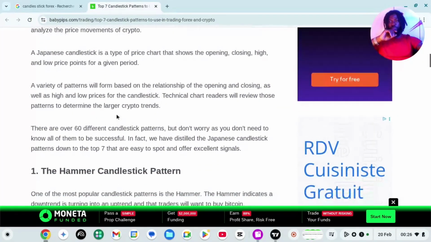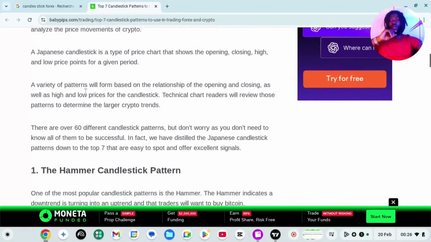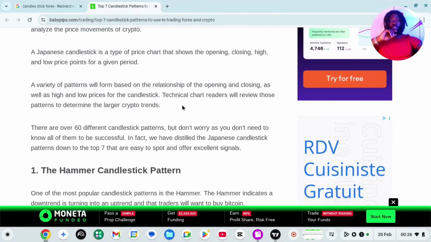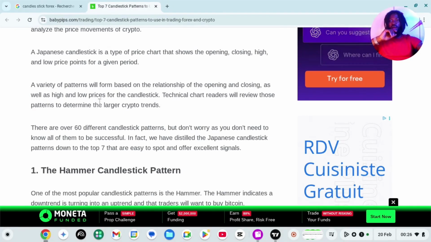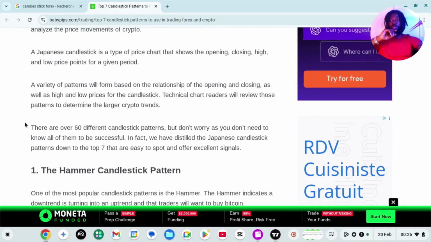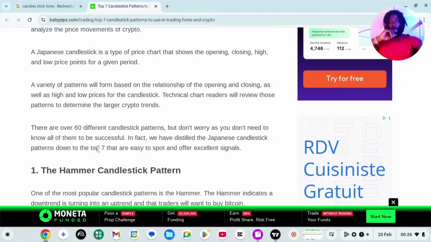A variety of patterns will form based on the relationship of the opening and closing, as well as high and low prices for the candlestick. Technical chart readers will review these patterns to determine the larger crypto trends.